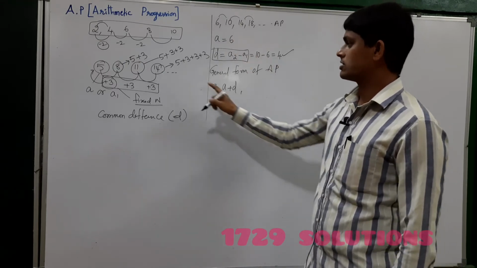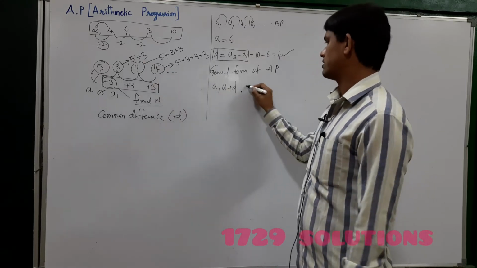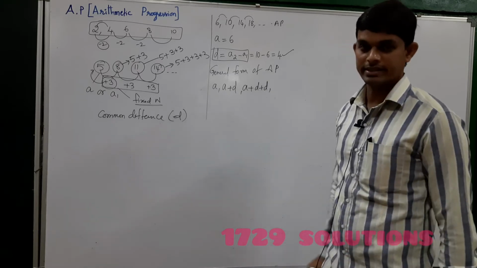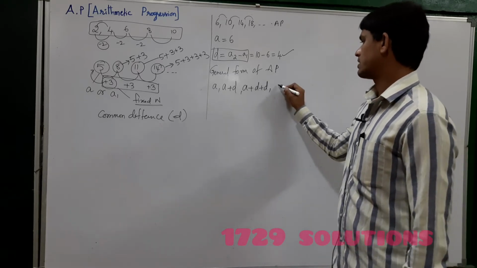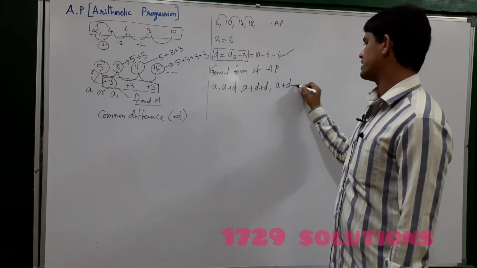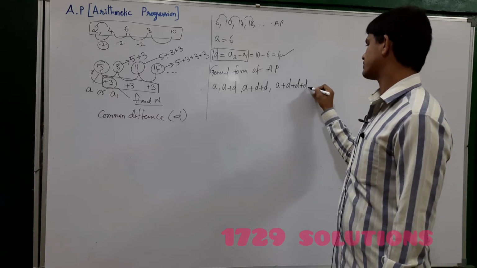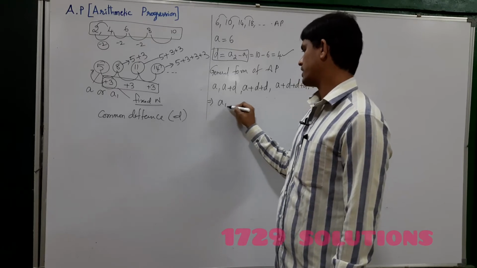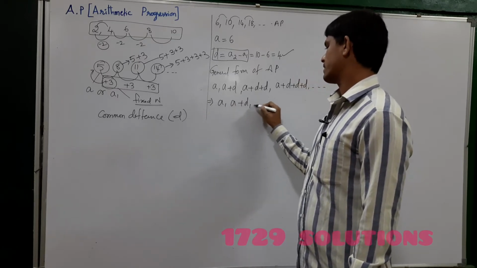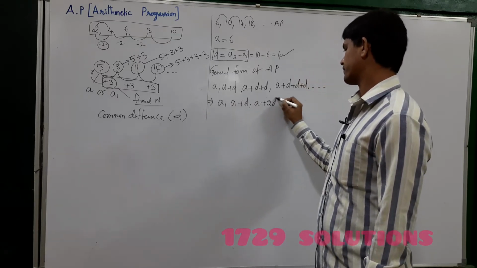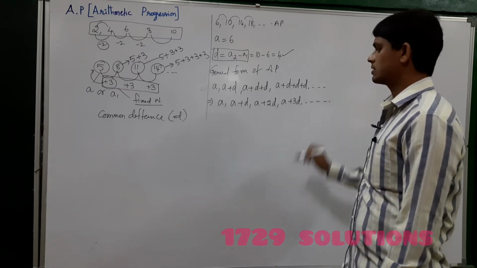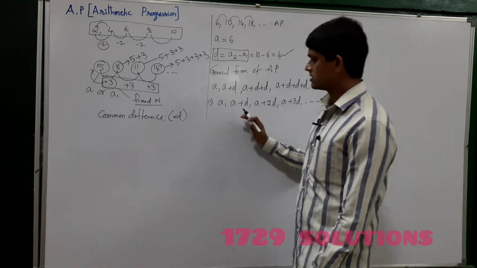For the third term, first term plus 2 D's. Next, A plus 3 D's to get the fourth term. So it can be written as A, A plus D, A plus 2D and A plus 3D and so on. Clear? So this is the general form.